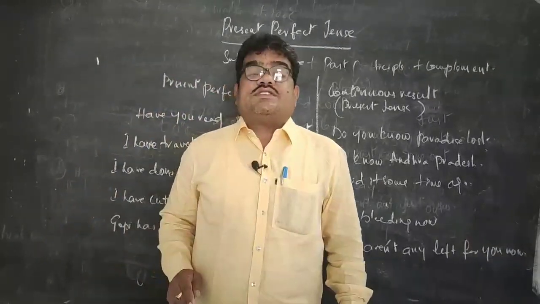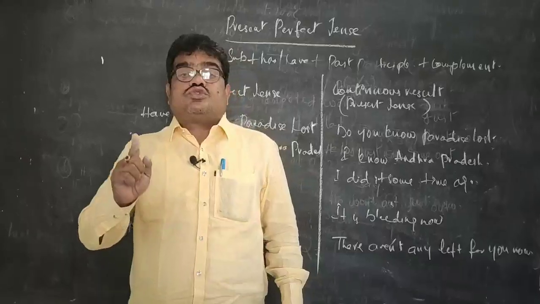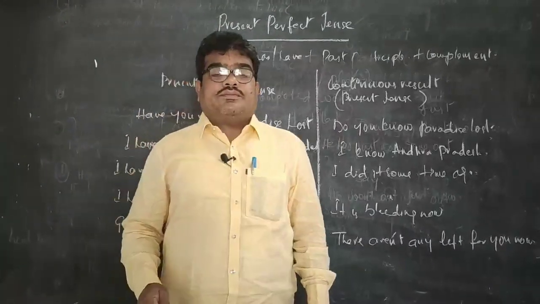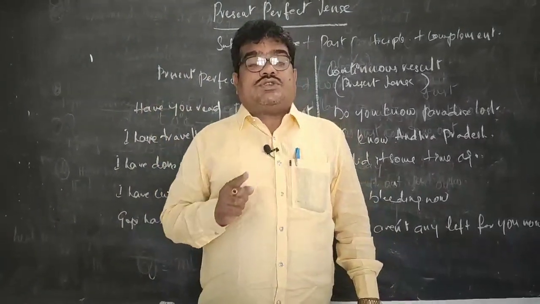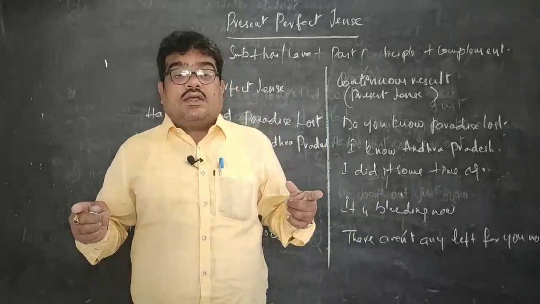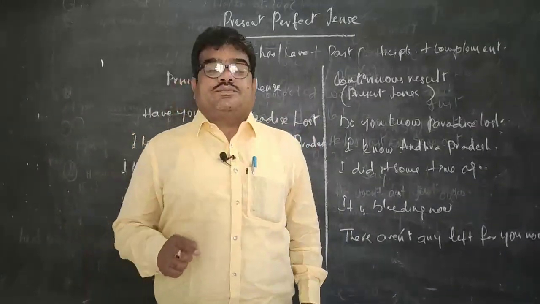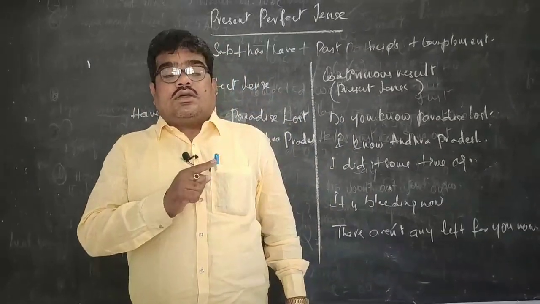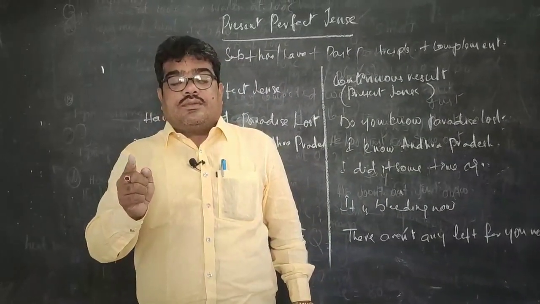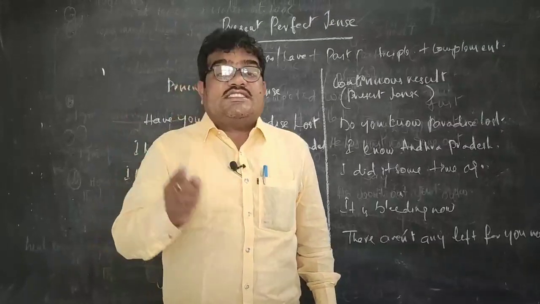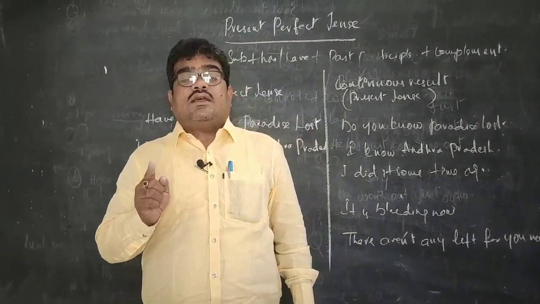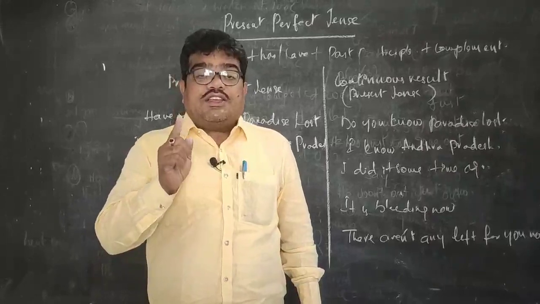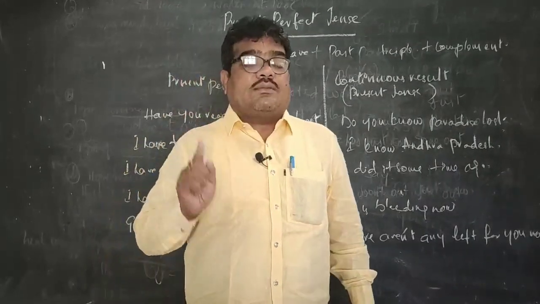Present perfect tense is sometimes used to talk about a past action, but the knowledge and the result is still with us. We can sense it presently, and I shall show you with some examples.